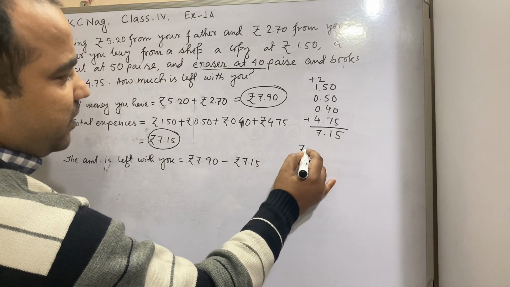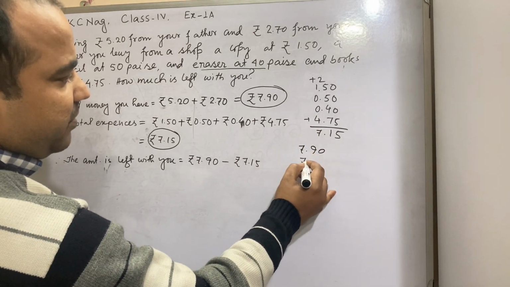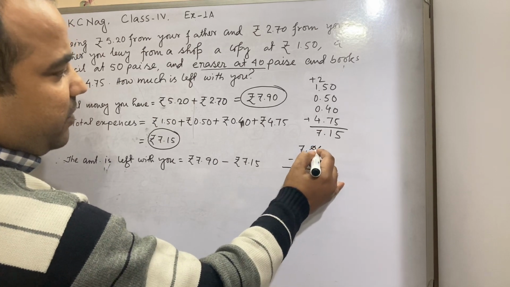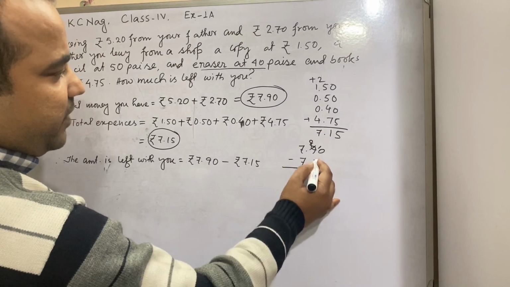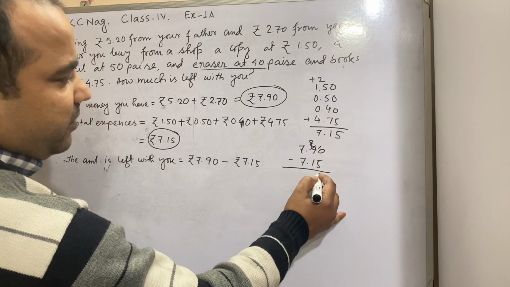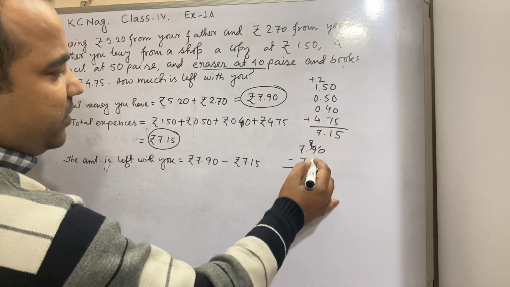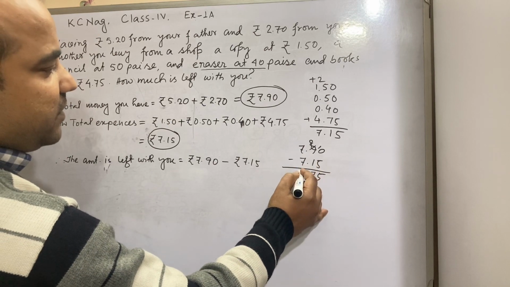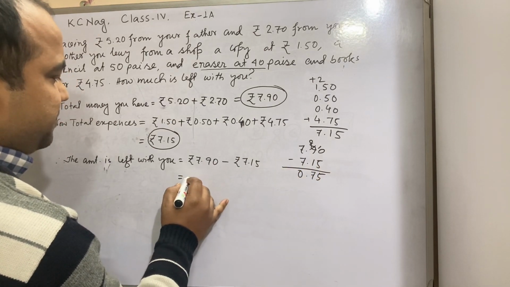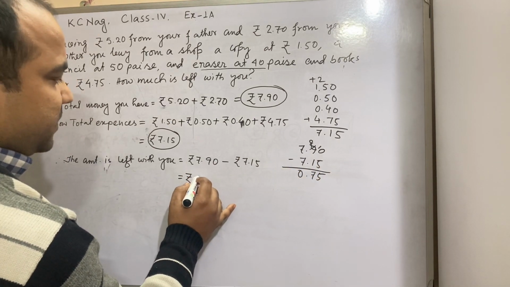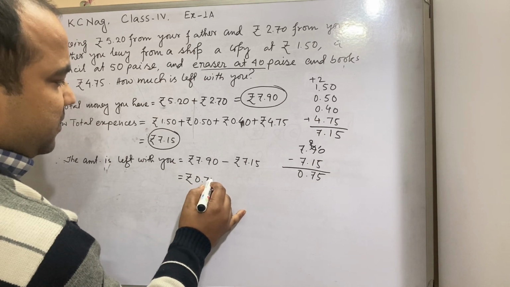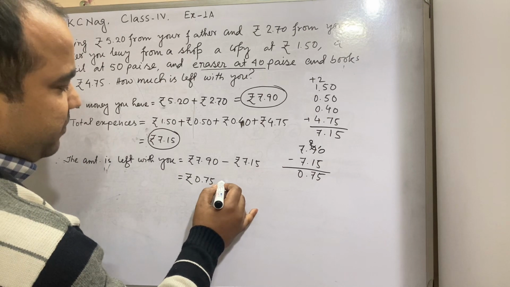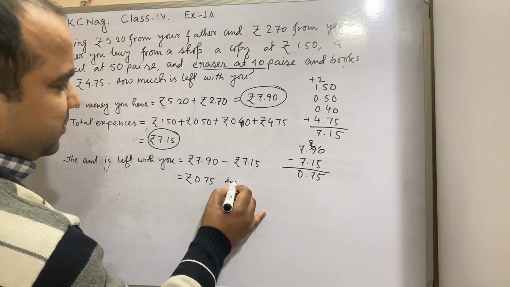So what is the value? 7.90 minus 7.15. Take 1 from 9, 9 will become 8. So 5 to 10, we have to count 5. 1 to 8, we have to count 7. And 7 to 7, this is 0. So it is rupees 0.75. This is the answer.